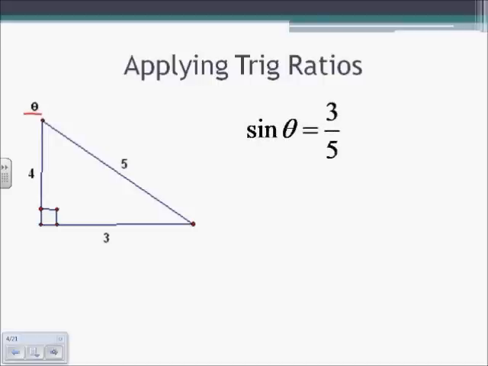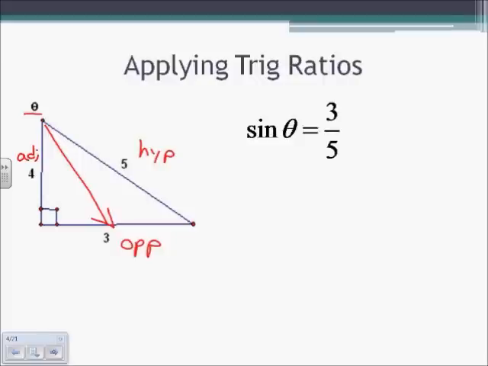The sine of theta, which again is the opposite over hypotenuse, will be 3 over 5. Why is that? Across from theta is the opposite. Across from the right angle is the hypotenuse, and next to the angle is the adjacent side.